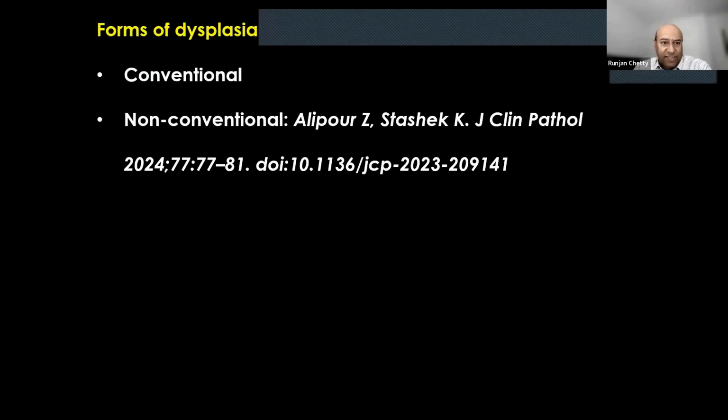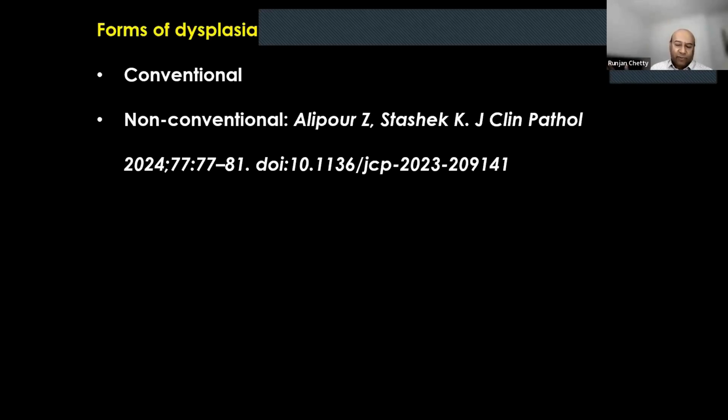However, recently, and I would refer you to this excellent review by Kristen Stachak and her colleague from the University of Pennsylvania that appeared in the Journal of Clinical Pathology, there are so-called non-conventional, unusual or uncommon forms of dysplasia that one actually does encounter reasonably frequently.